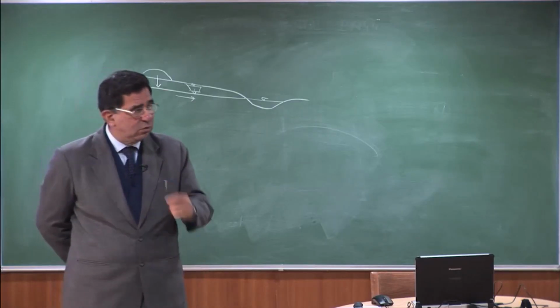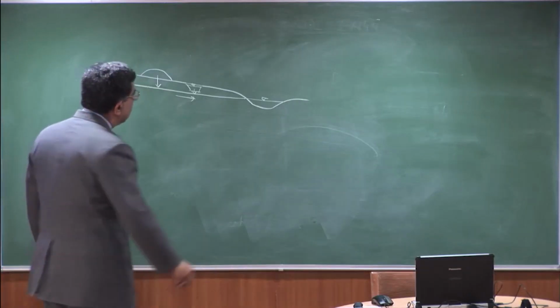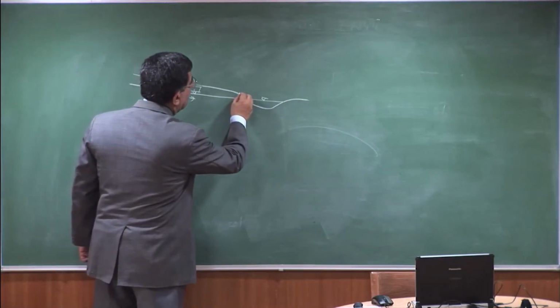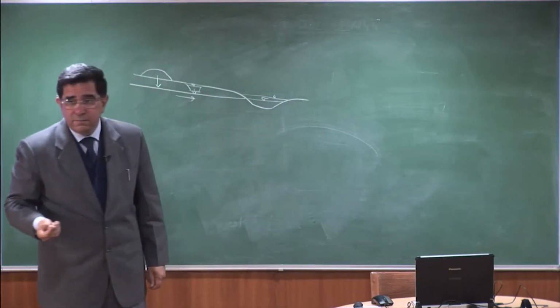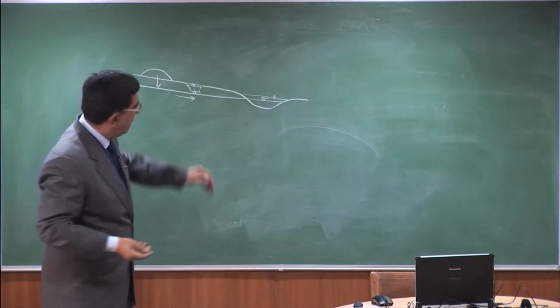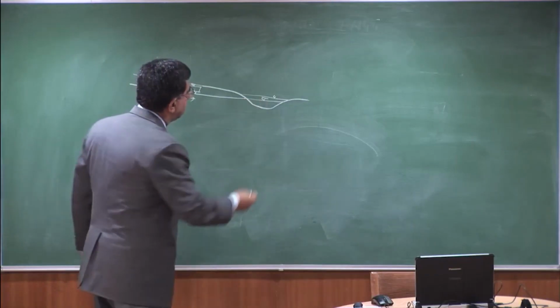But there is one issue that you should be aware of: if the river level rises, so a river can be in flood. So if the river level rises, what happens?